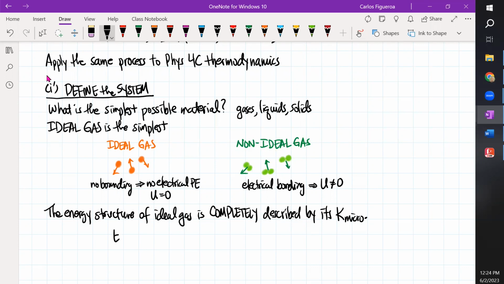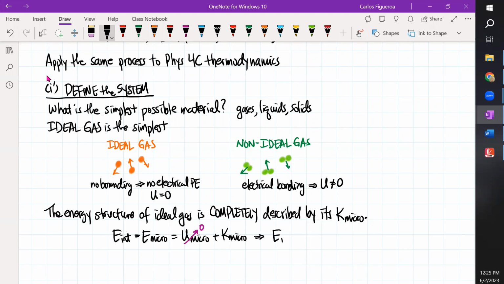So if I look at the energy of the system, that is its internal energy, which is the same as the microkinetic energy, then because there is no bonding, we can see here immediately that that does not contribute into our energy equation.